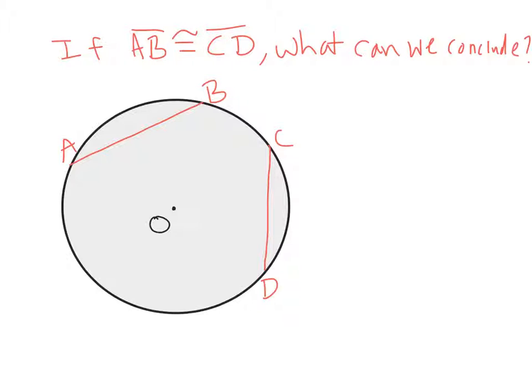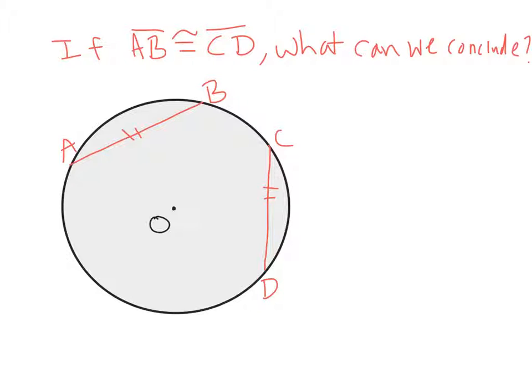All right, so here it says if AB is congruent to CD, meaning my two chords are congruent here, what can we conclude? Well, I'll lead you into this because it's a pretty open-ended question.